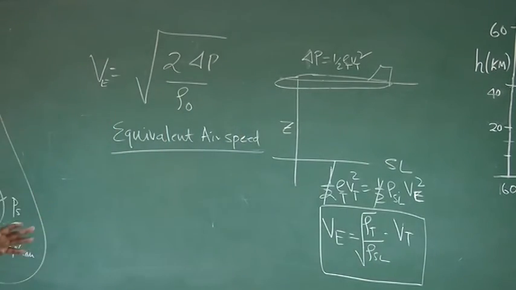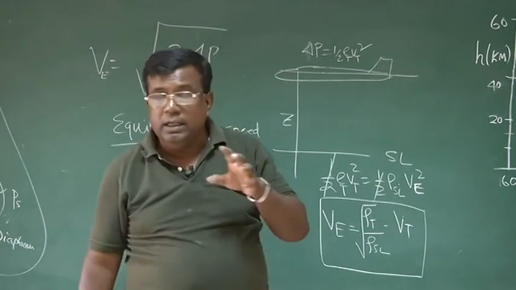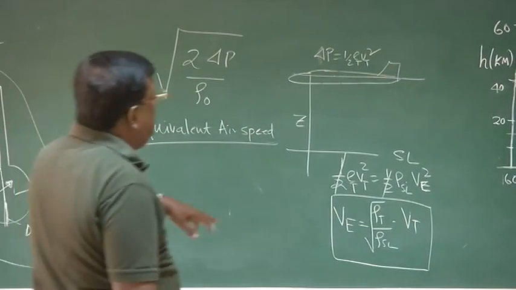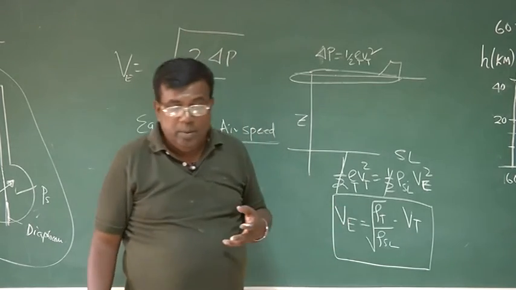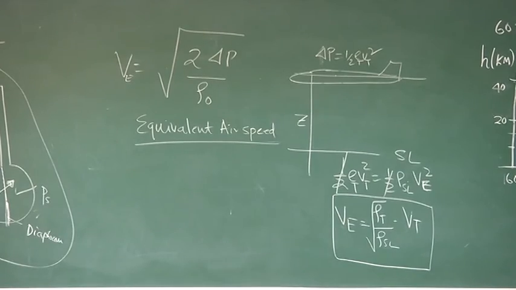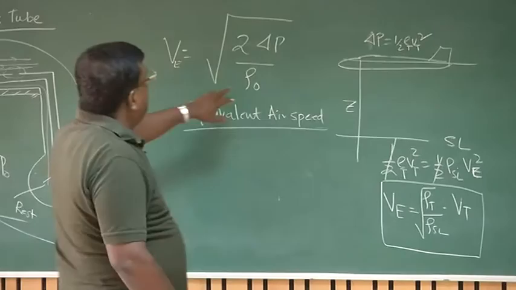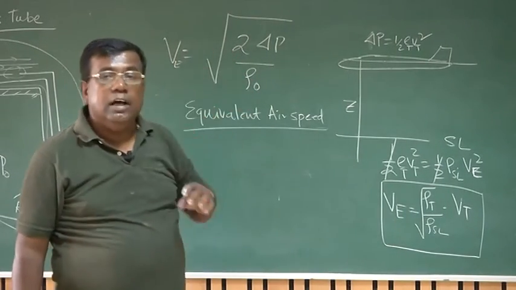So the airspeed indicator will be giving us V equivalent. Whatever instruments are installed in the aircraft cockpit actually give V equivalent, because that is the speed being read through an airspeed indicator where rho equal to rho naught has been used and the graduations are made. Okay?